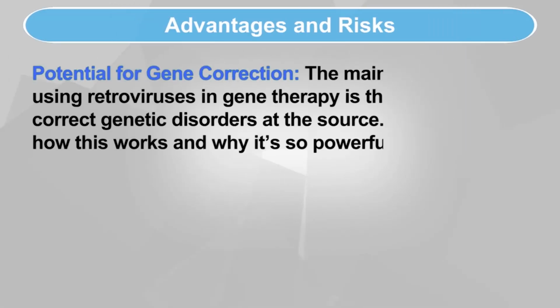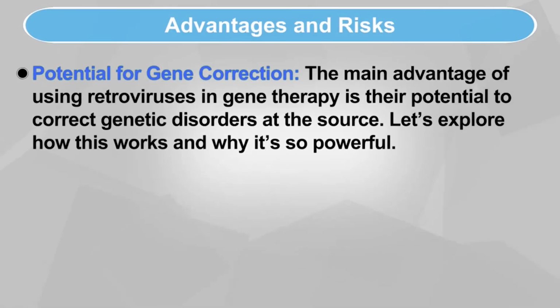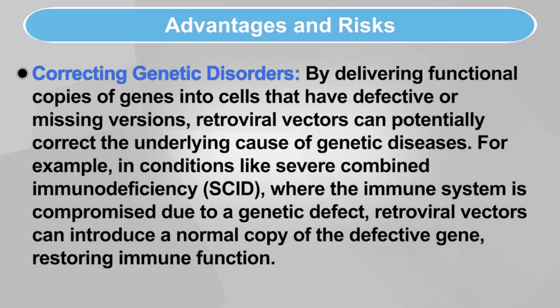The main advantage of using retroviruses in gene therapy is their potential to correct genetic disorders at the source. By delivering functional copies of genes into cells that have defective or missing versions, the retroviral vector can potentially correct the underlying cause of genetic diseases.